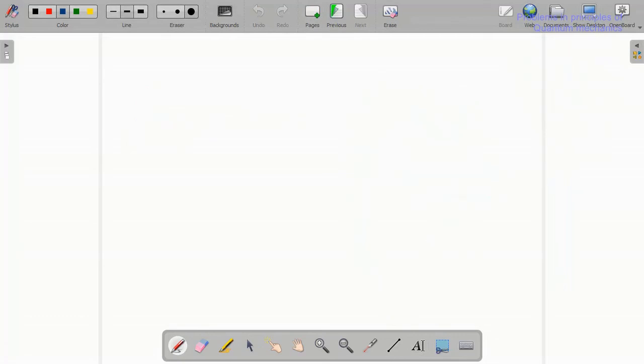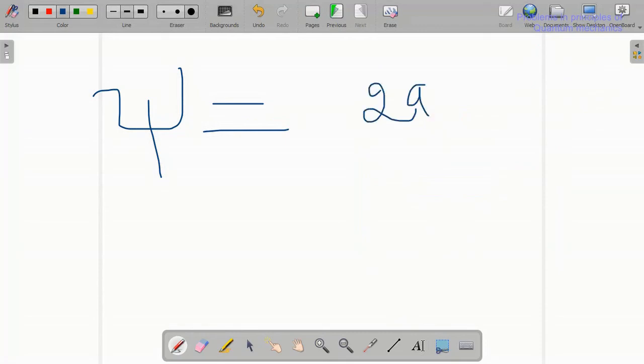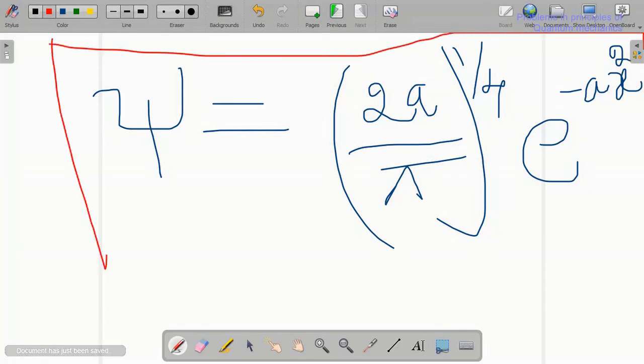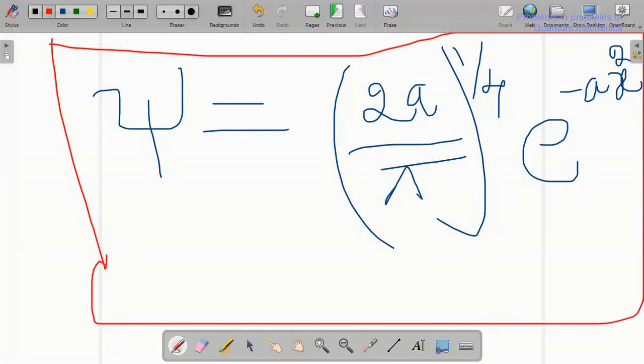And the wave function psi is equal to 2a by pi whole power 1 by 4 into e power minus a x square. This is the kind of wave function we'll see. If you know one wave function, you have to normalize it by using the probability.